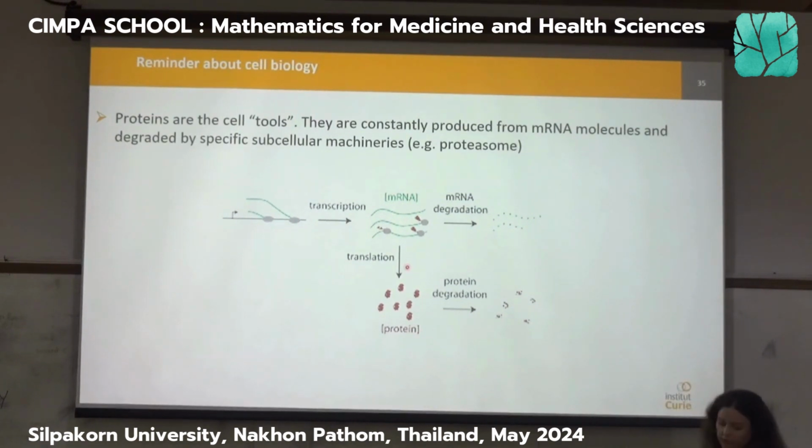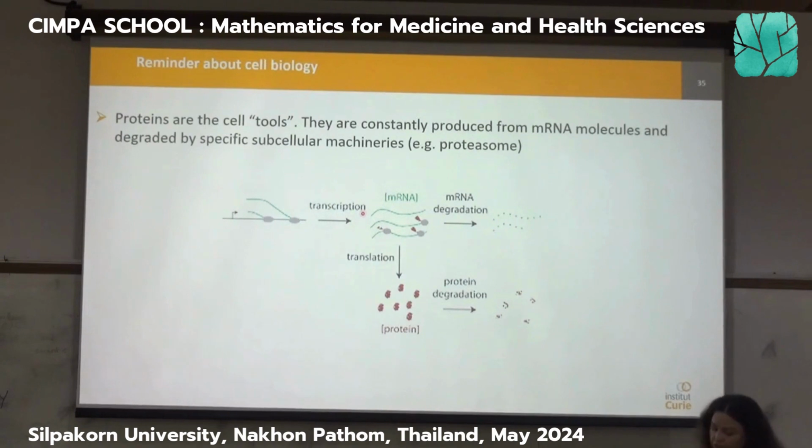Proteins, which are represented here, I'm sorry, the quality is not very good, are created from mRNAs. These mRNAs come from the transcription of the DNA. In the nucleus, the DNA is read, and it gives rise to mRNAs, and this is called transcription.